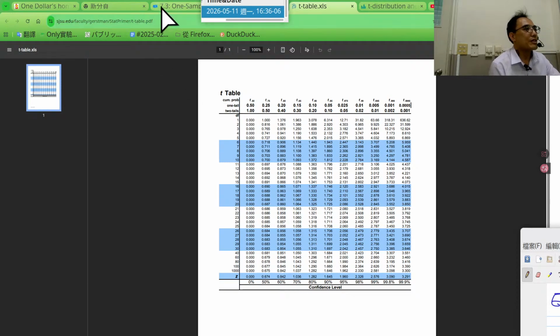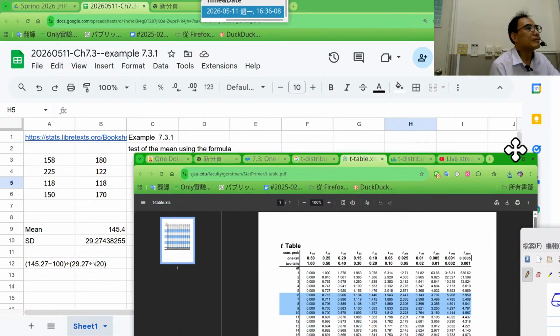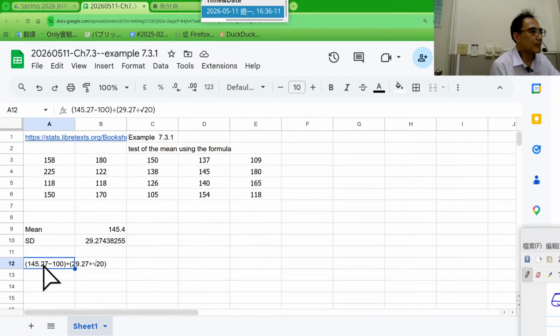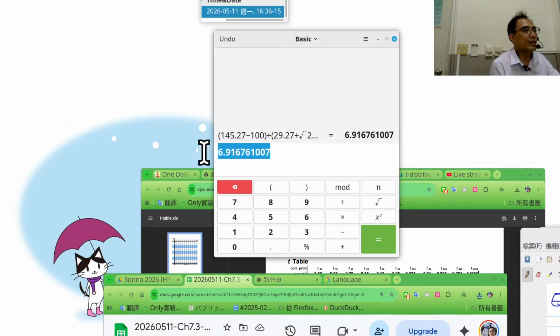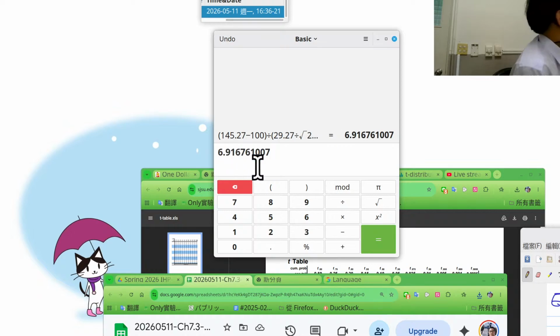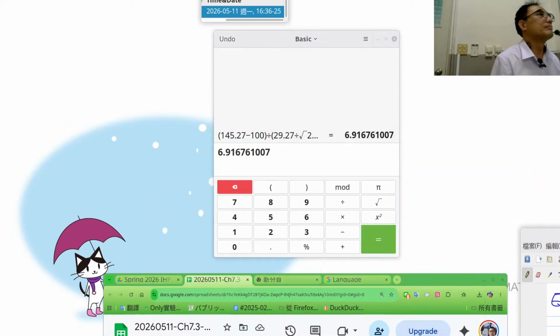We just calculated the answer. I got a T value of 6.916. But remember, it's a little bit different from the area on the normal distribution, because the sum of the area is 1, but the T distribution is a little bit different.